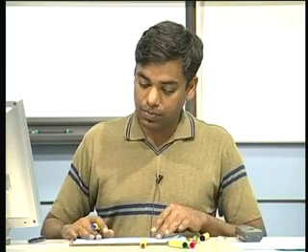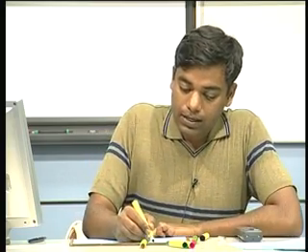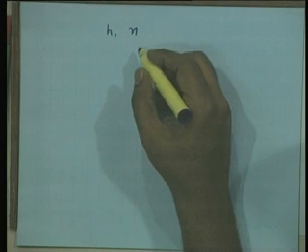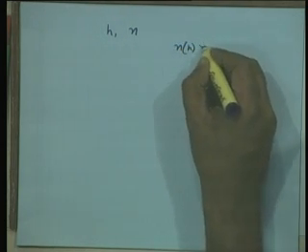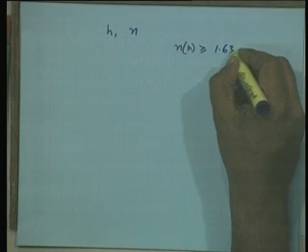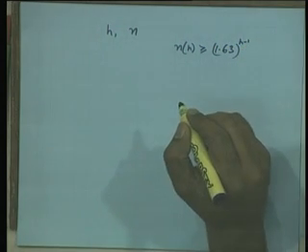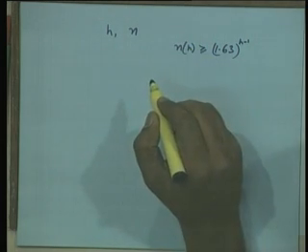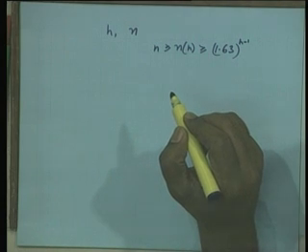I take a tree of height h and n nodes. We have just seen that n of h is greater than or equal to 1.63 to the h, let us say minus 1. That is what we saw just now. This is the tree with the smallest possible number of nodes. So n is going to be only larger than this.